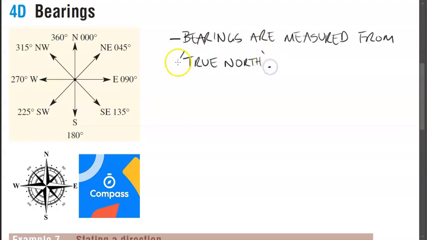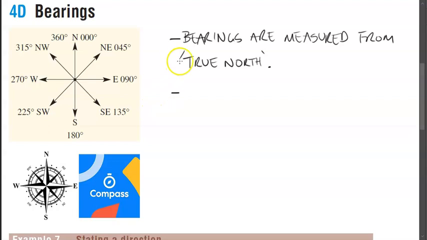That just means that when we are to measure from an origin or from a spot of some sort, we pretend that there is a line that's pointing straight north here. Now this will make sense when we put this into context, but just remember this is our starting point. So bearings are measured from true north.